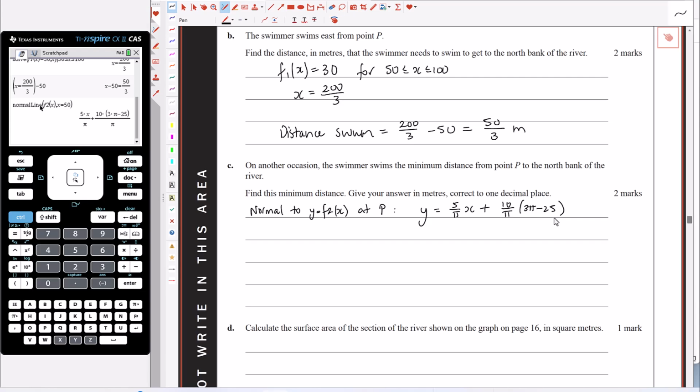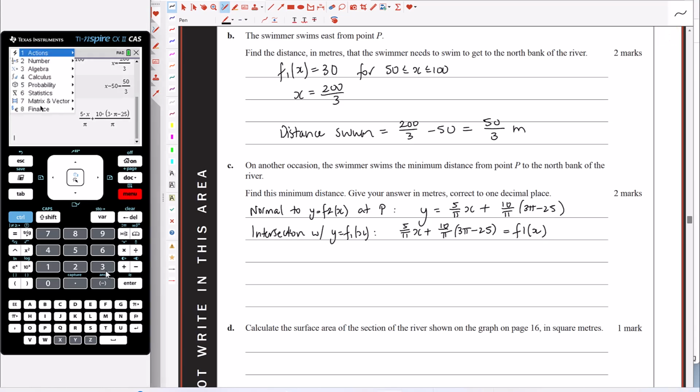And then I want to know where that normal intersects with f1 of x. So I want to solve that equal to f1 of x, which is the northern bank.